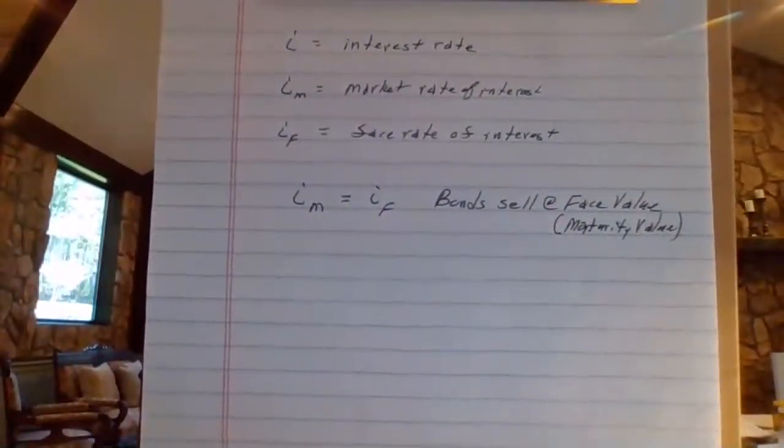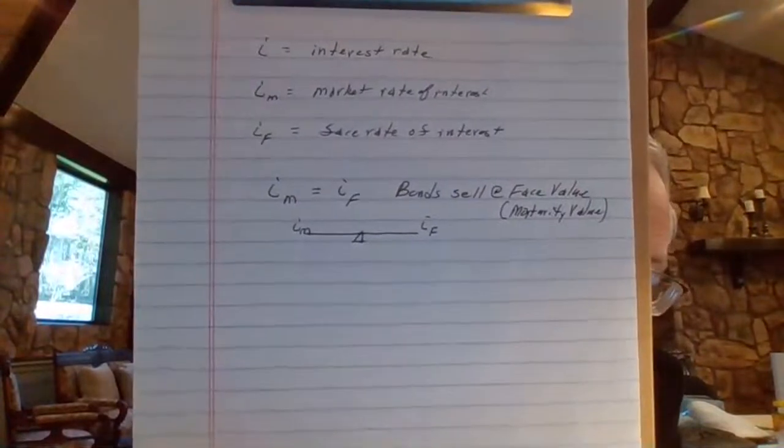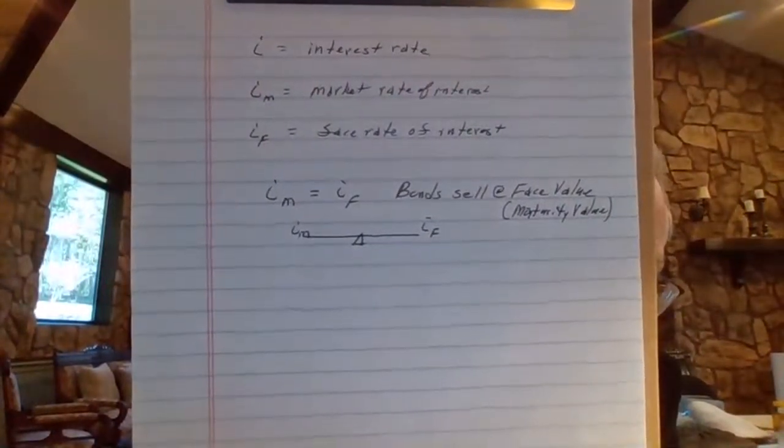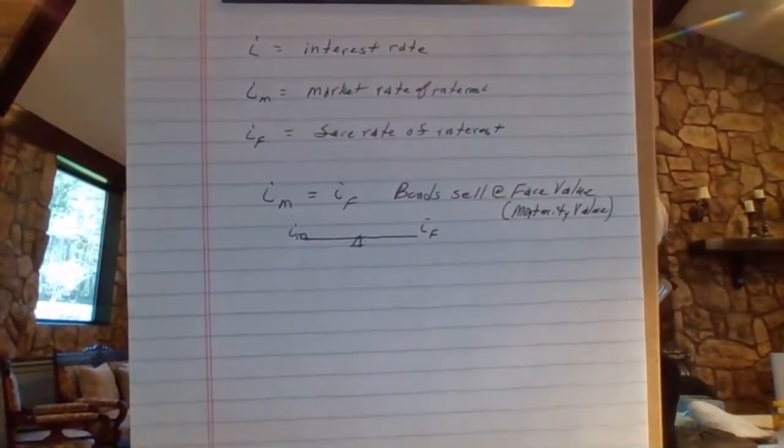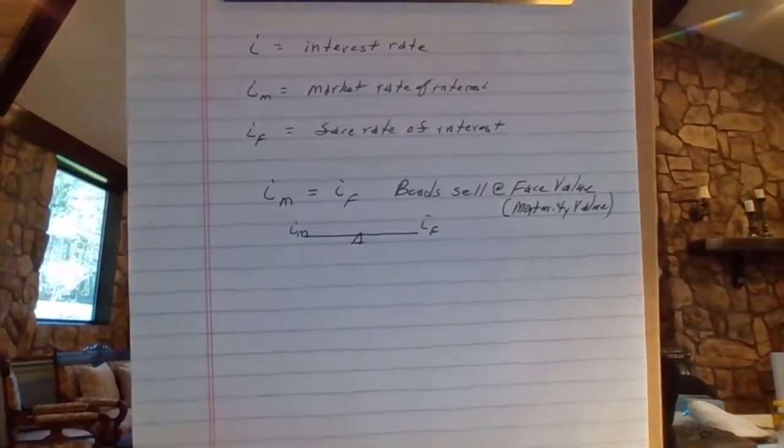Everything's in equilibrium there. That's a little triangle with a line, and it says when they're equal, you're in equilibrium. That's a teeter-totter if you want, or a seesaw.